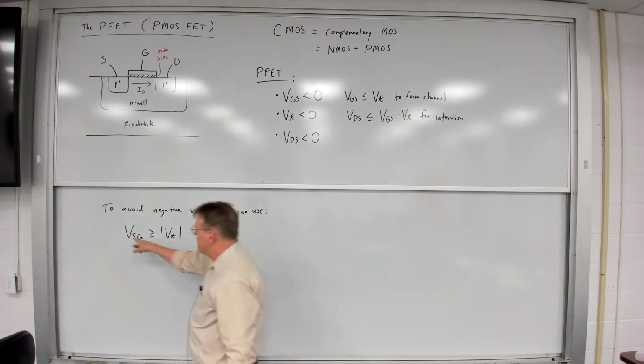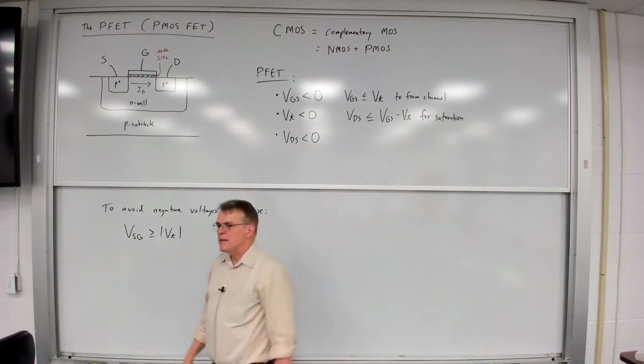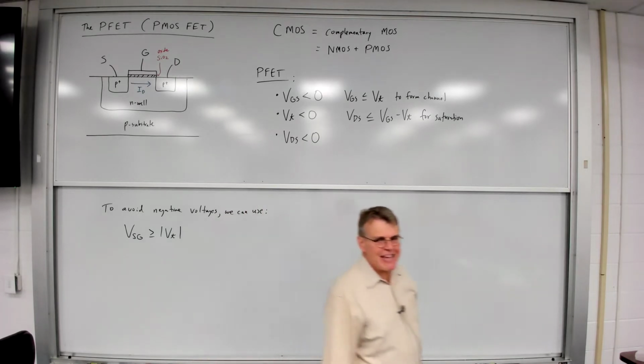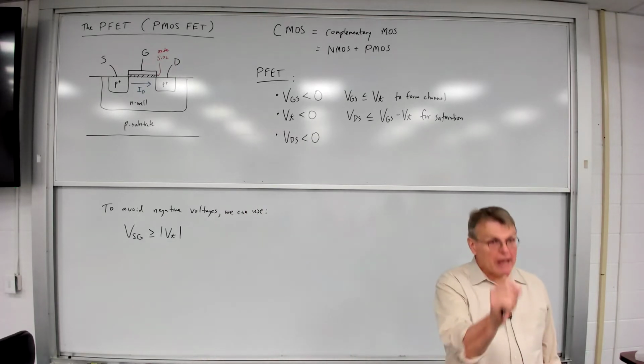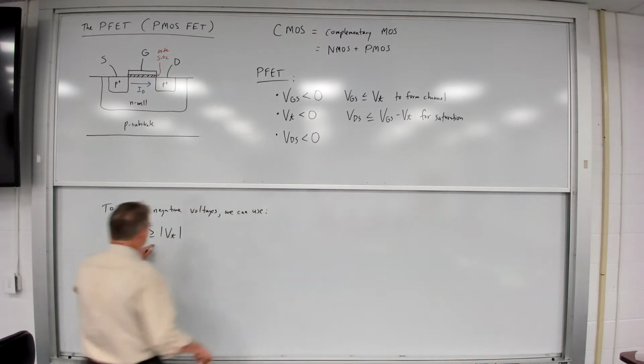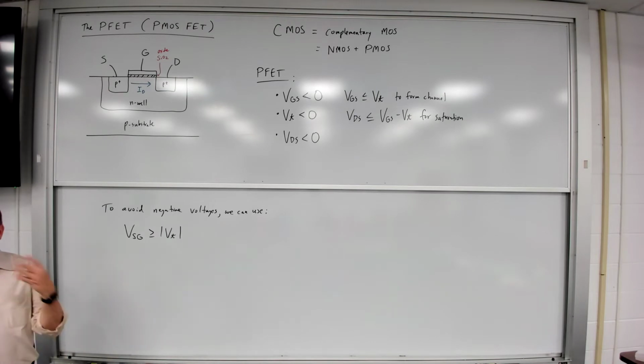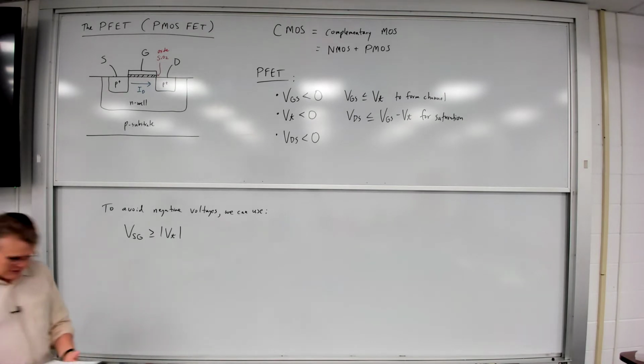Instead of saying VGS, VG minus VS, for PFETs they use VSG, VS minus VG, because that's a positive voltage. And then they'll say that it has to be greater than or equal to the absolute magnitude of the threshold voltage in order to turn the PFET on.